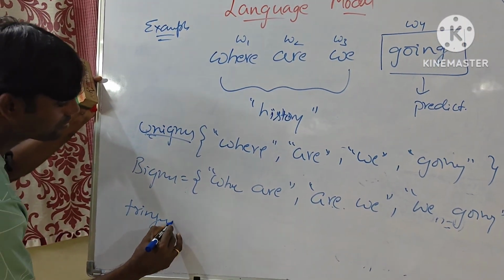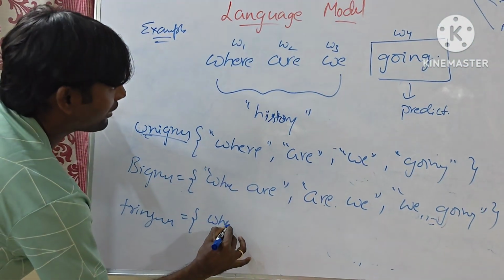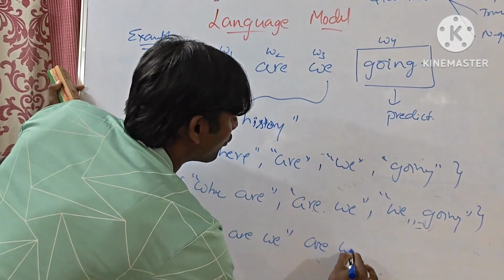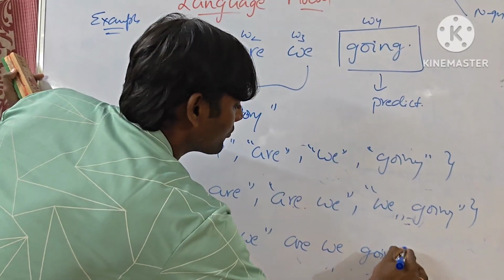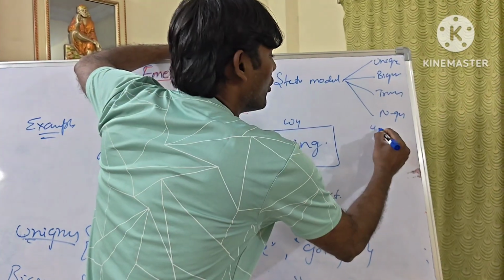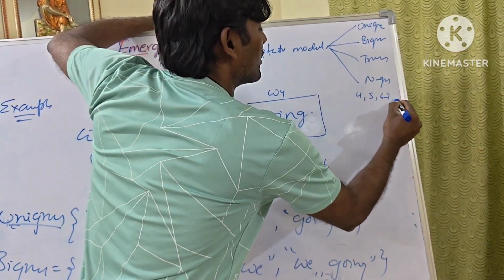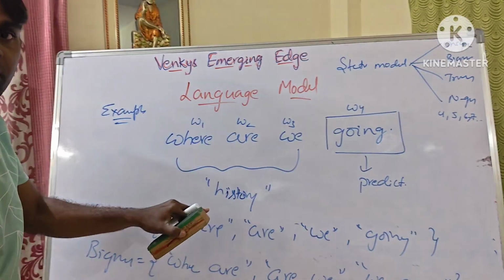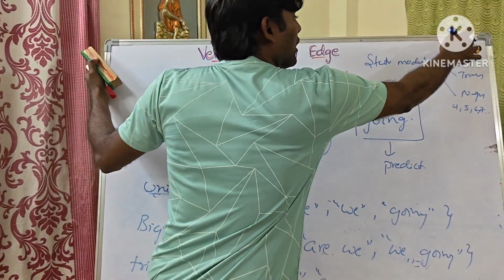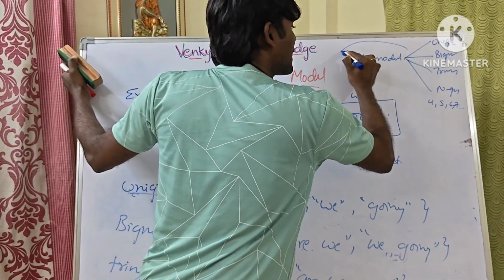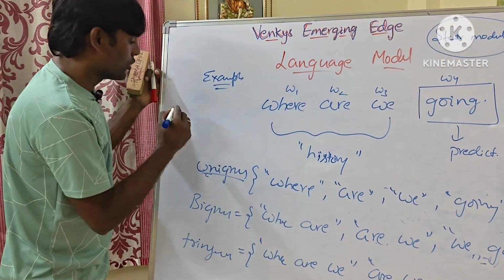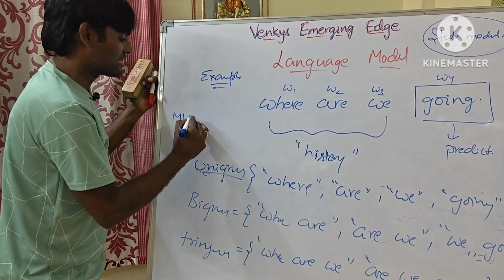Trigram means: "where are we" is a trigram, "are we going" is a trigram. What about n-gram? N-gram means maybe 4, 5, 6, 7 words, like that. Is it clear? Okay, so these are n-grams. Based on these different types of grams, the statistical model works. We always follow the MLE, maximum likelihood estimation formula.